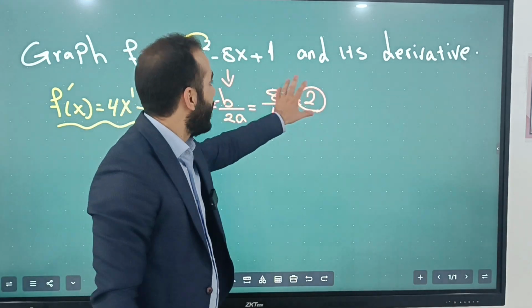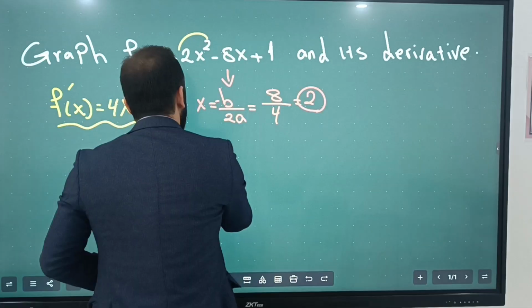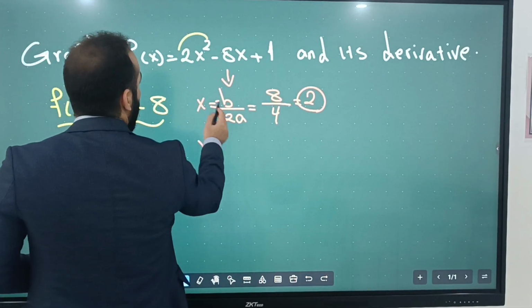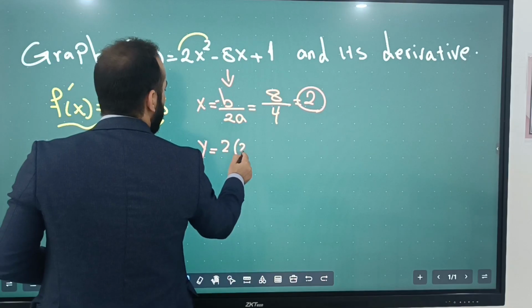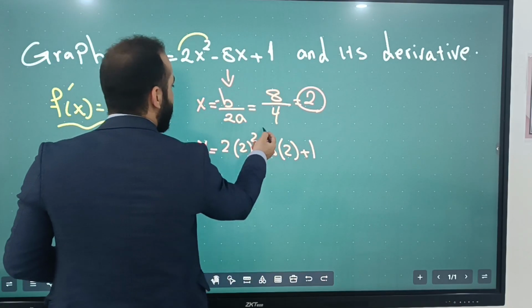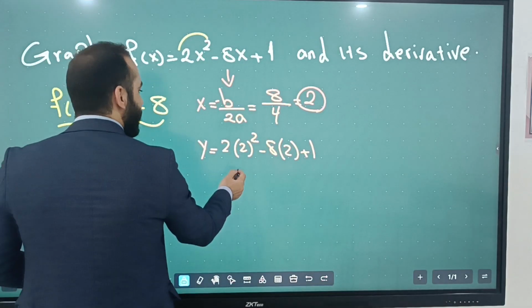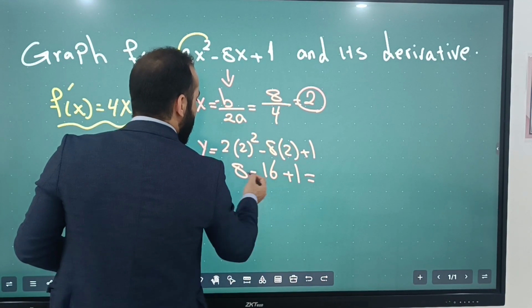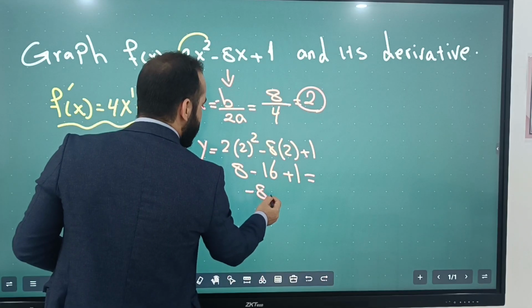Whatever you got here, substitute it here to get the y-coordinate of the vertex of the parabola. So, 2 powered by 2 minus 8 times 2 plus 1. 2 powered by 2, 4. 4 times 2, it's 8. Minus 8 times 2, 16, plus 1. 8 minus 16, it's negative 8.